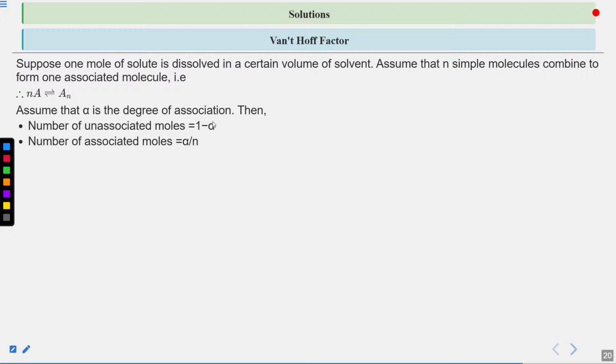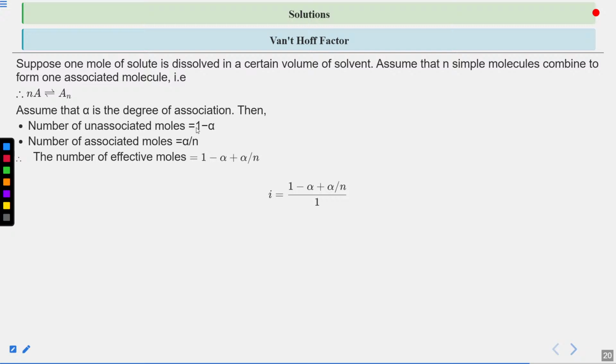Similarly, what will be the number of associated molecules? It will be alpha by n. Therefore, the number of effective moles will be 1 minus alpha plus alpha by n. Just add these two things. So these are the total number of effective moles after association.